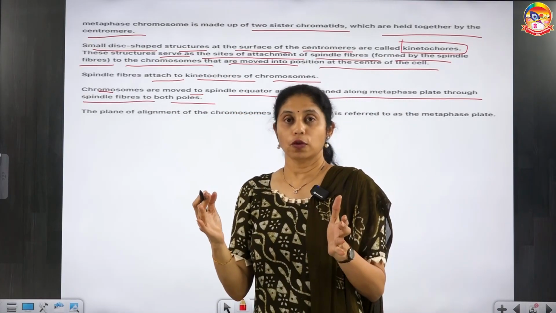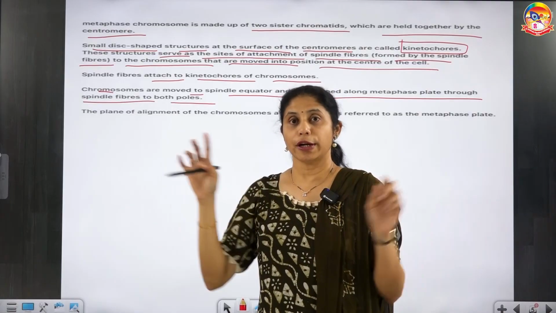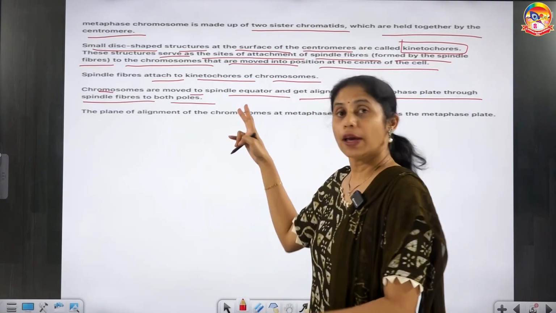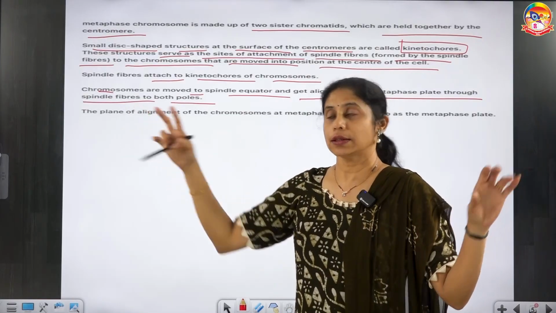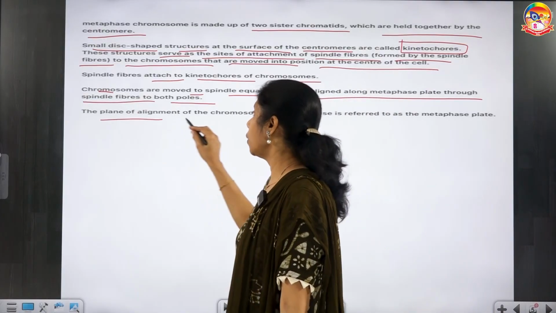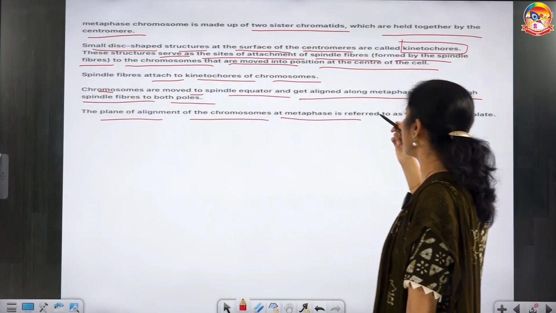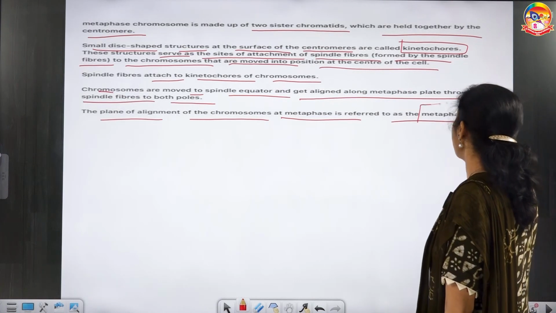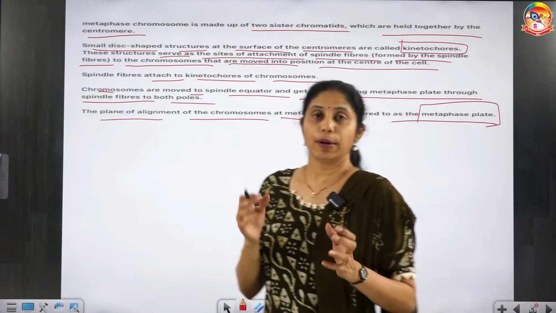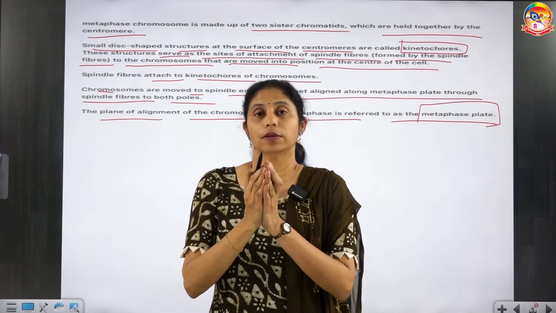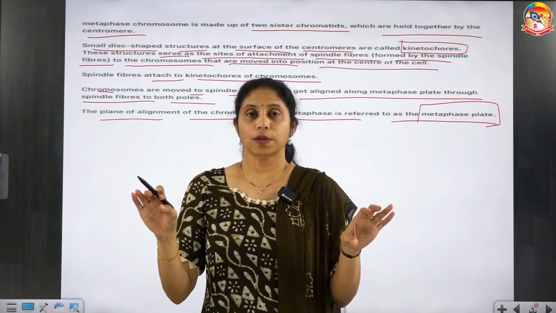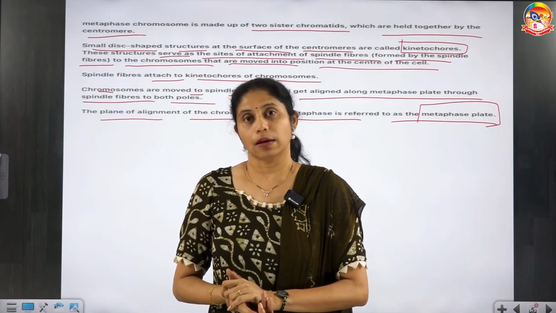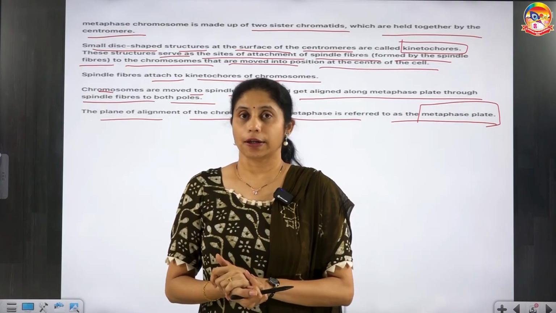So each chromosome is connected to both the poles by two spindle fibers. Because we have two kinetochores, so on two sides it will be connected. The plane of alignment of the chromosomes at metaphase is referred to as the metaphase plate. One plate is formed because of the alignment of all the chromosomes in the center or equator of the cell, because the spindle fibers are connected.